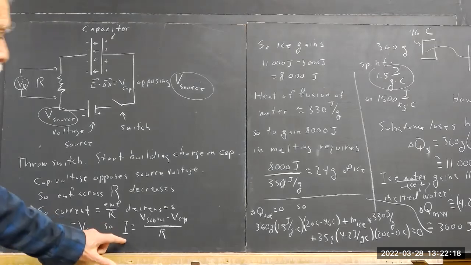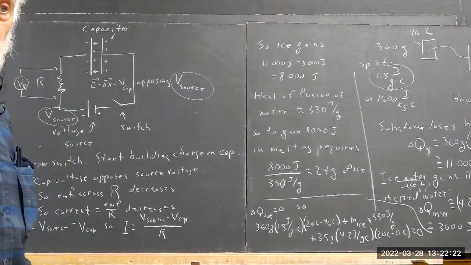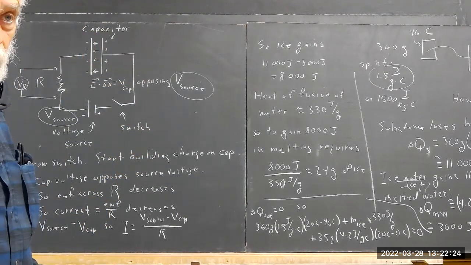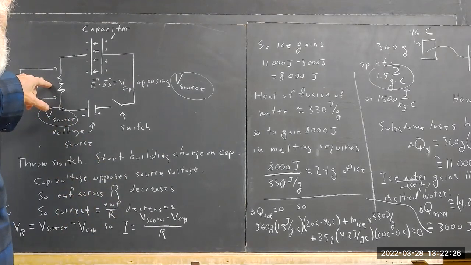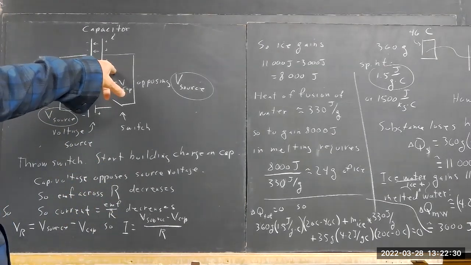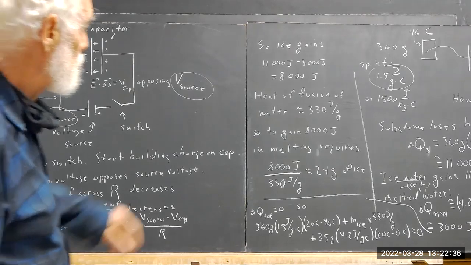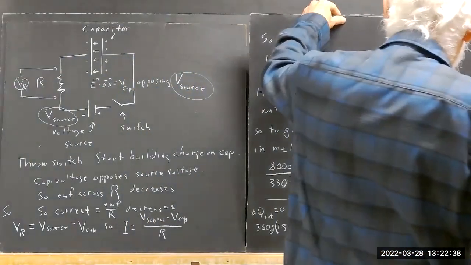Well, your current is how much charge is passing any point in the circuit. Whatever charge goes through this resistor gets deposited on the capacitor. I don't have room to write that out, so I'm going to flip this board and give myself room.